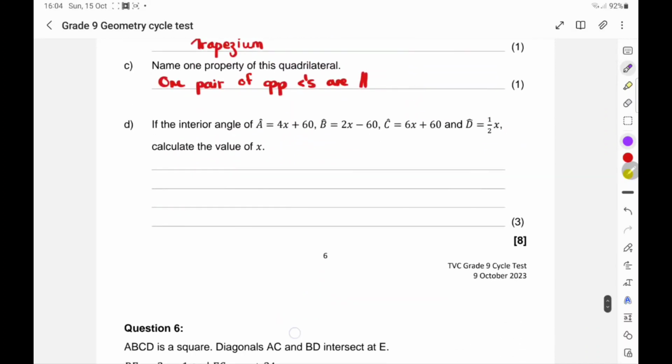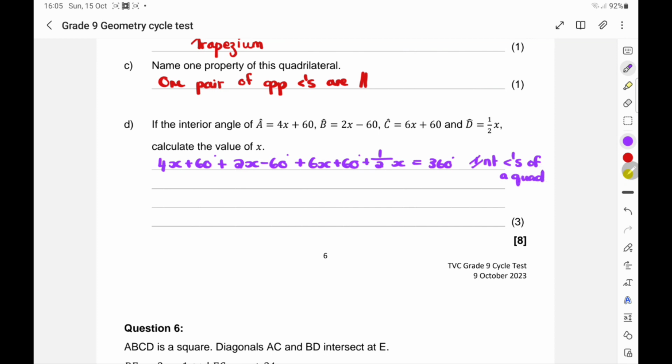So 4x plus 60, plus 2x minus 60, plus 6x plus 60, plus a half x should add up to 360. And your reason is interior angles of a quad.